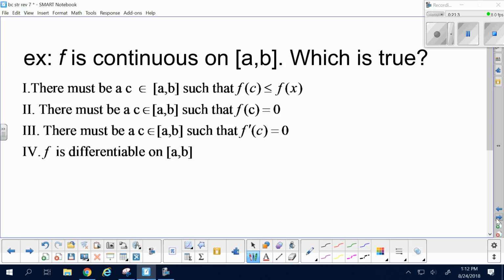Last but not least, a quick question. This isn't on the homework, but this is a commonly missed AP question. When I say commonly missed AP question, I mean usually only about 30% of the people get it correct on a multiple choice question.